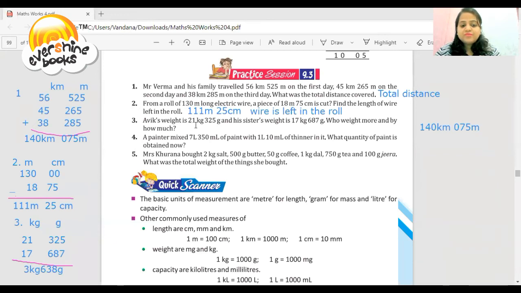It is already known that Avik's weight is 21 kilogram and his sister's weight is 17 kilogram, and you have to check the grams together, 325 and 687 gram. So Avik's weight is more than his sister.